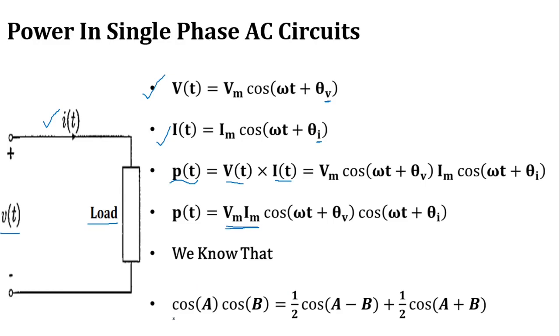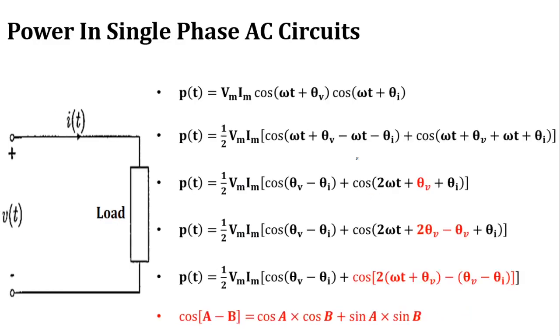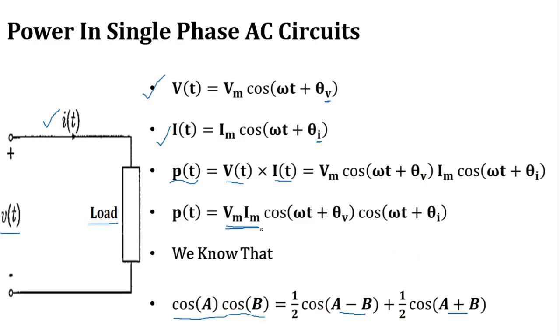So I will use this formula, that cos A into cos B is equal to 1/2 cos(A minus B) plus 1/2 cos(A plus B). So subtraction of angle and addition of angle. So this equation becomes 1/2 Vm Im. I have taken both 1/2 as common.